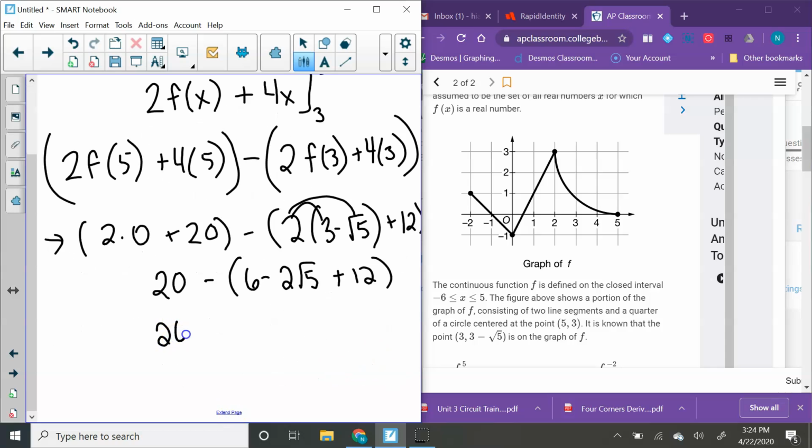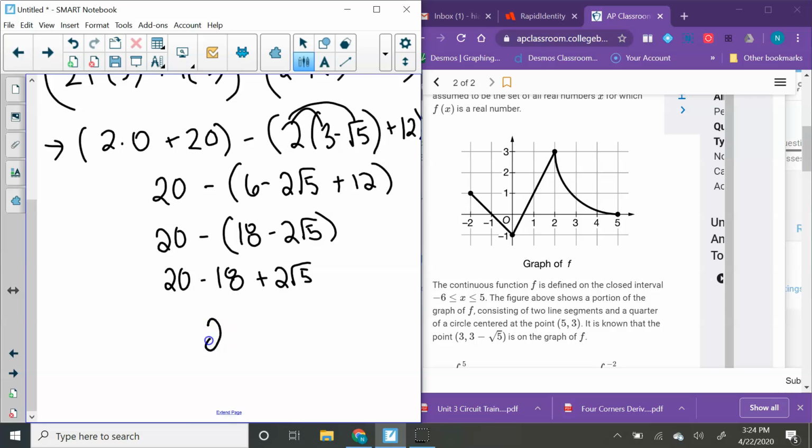And so we get 20 minus, if we add that 6 and 12, we get 18 minus 2 root 5. And so that'll be 20 minus 18 plus 2 root 5. So we will get 2 plus 2 root 5 for our answer.